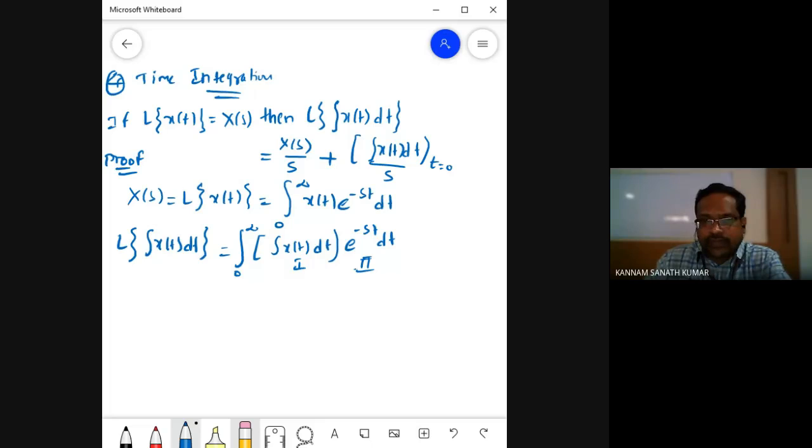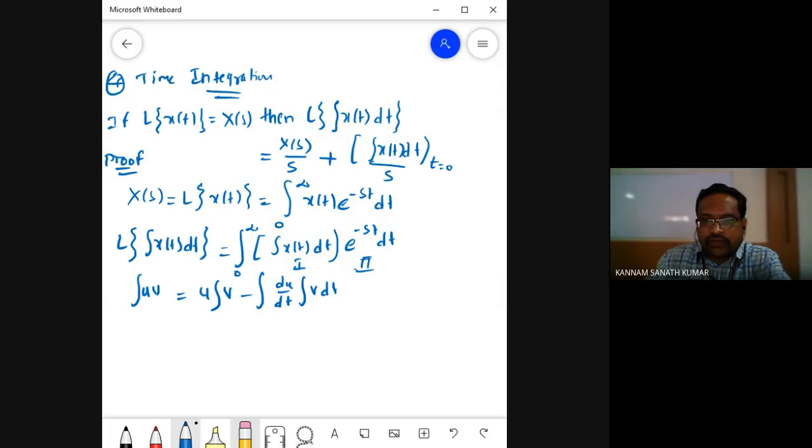So the uv formula is equal to u into integration of v minus integration of du by dt into integration of v into dt, whole dt. This is the formula for integration of two functions.